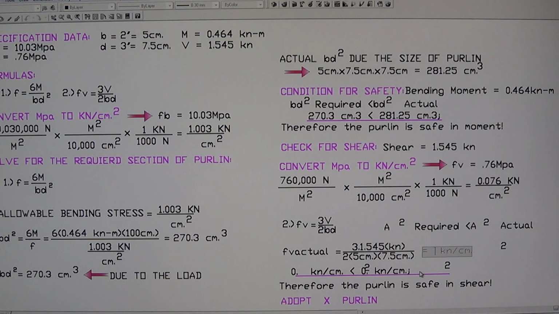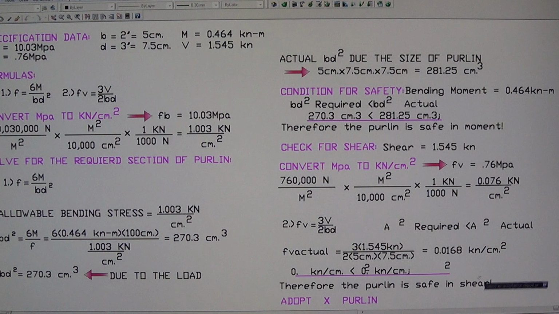The shear now is 3 times 1.545 kilonewton divided by 2 times 5 centimeter times 7.5 centimeter, and this will give you 0.0168.